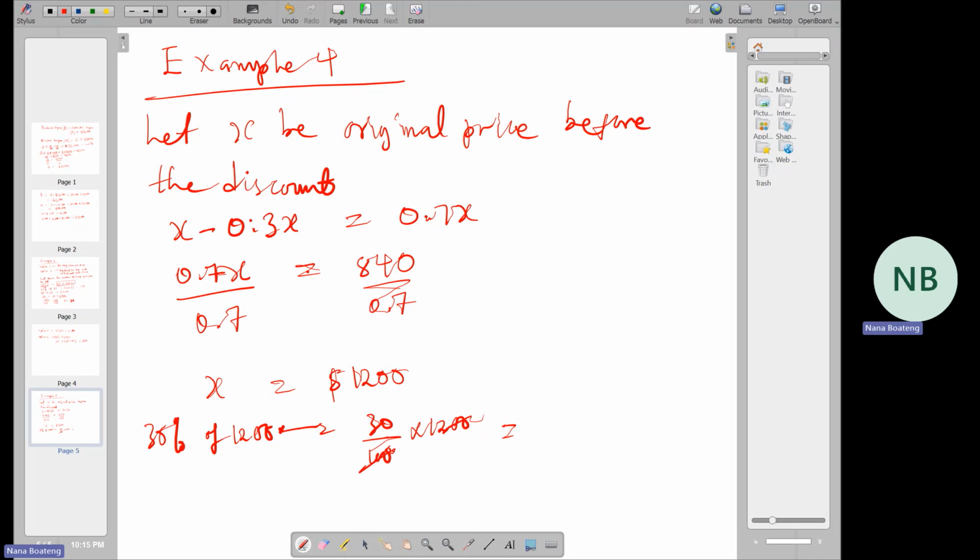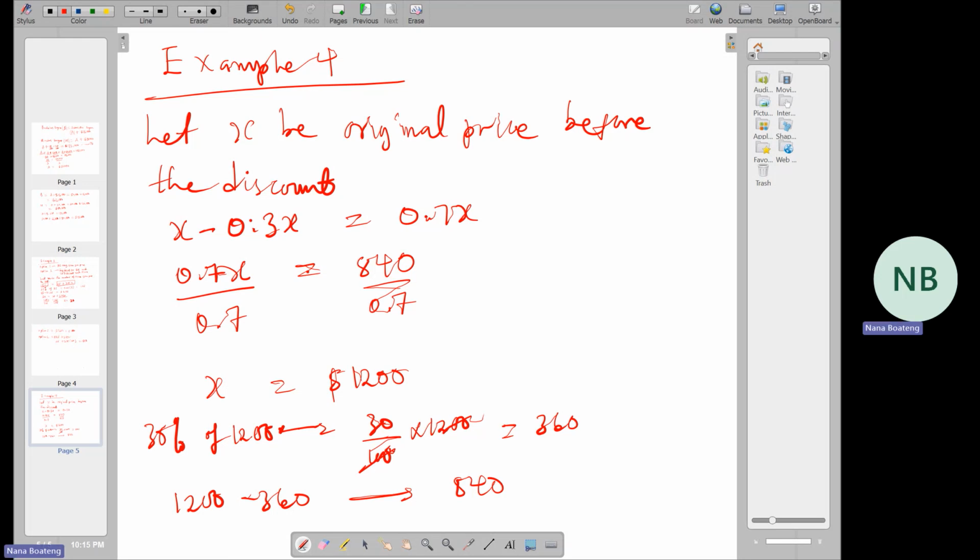So this equals $360, right? And so 1200 minus 360 gives us 840. So that is how we check whether our answer is correct or wrong.